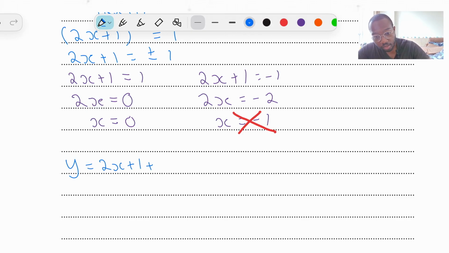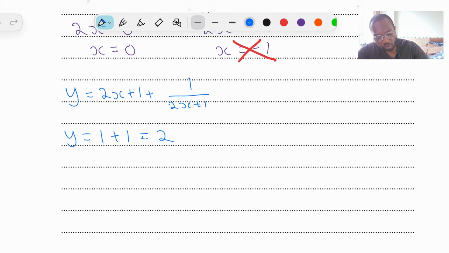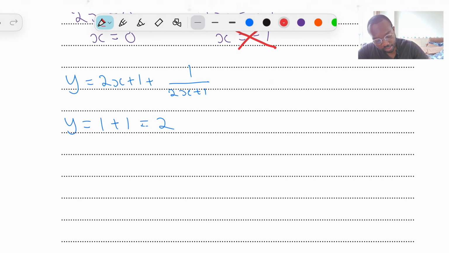Now if we work out the y value, y would equal 2 times 0 is 0, so we're left with 1 plus another 1, therefore 2. So we know the coordinates are (0, 2).